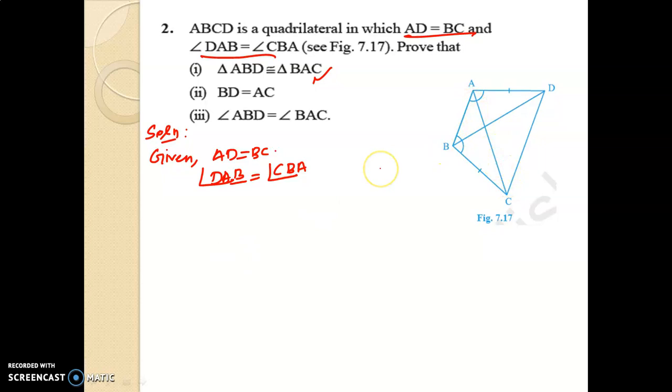Here ABD is here and BAC is also here. Can we draw the triangles separately? Then you will not get confused. So this one is A, B, D, and another one is BAC, which means this side.